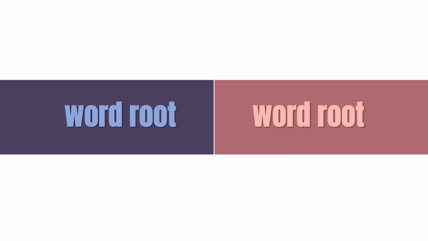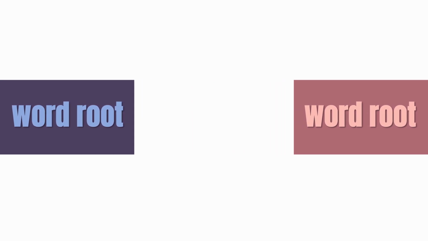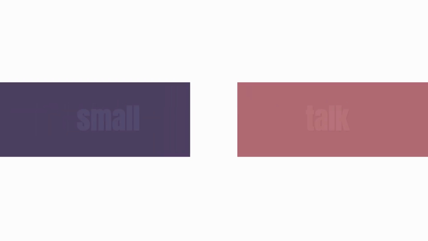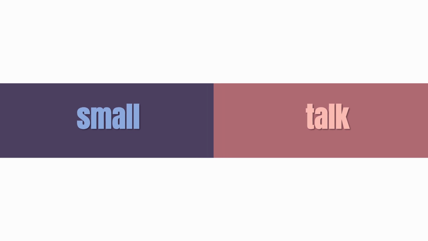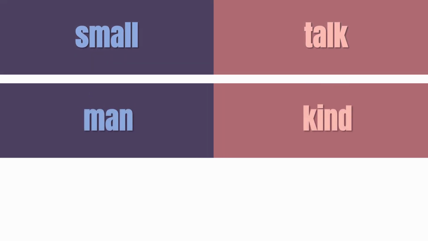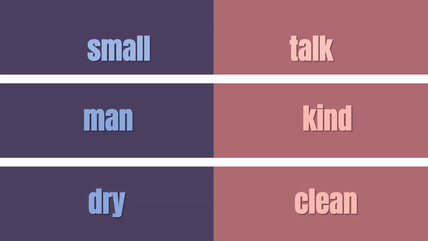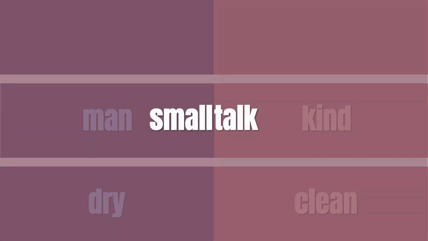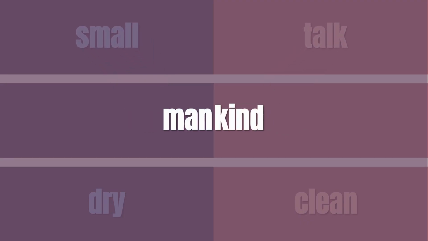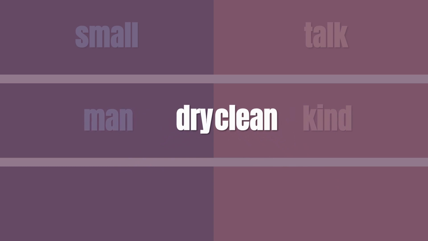Sometimes word roots could work as single words, such as small, talk, man, kind, dry, clean. But you can also combine them as new words, such as small talk, mankind, dry clean. These words are called compounds.